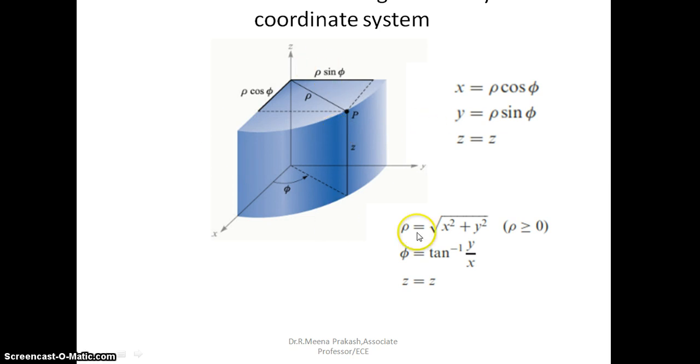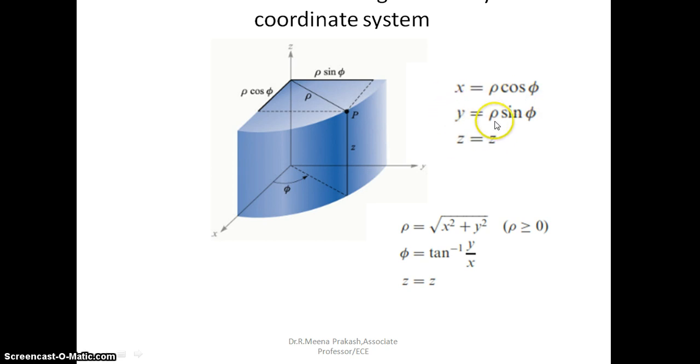Now you project onto the xy plane, considering this xy plane alone. Here x equal to rho cos phi. The angle cos phi is the base by the hypotenuse, where the base is x and the hypotenuse is rho. So cos phi equal to x by rho, or x equal to rho cos phi.